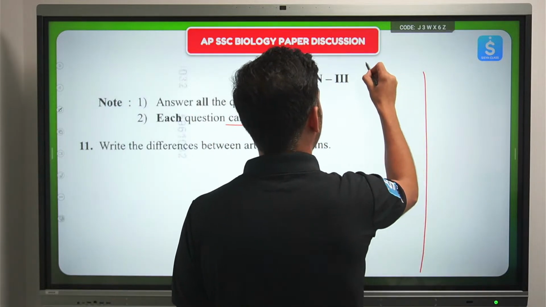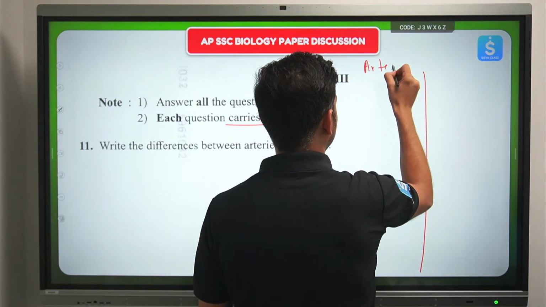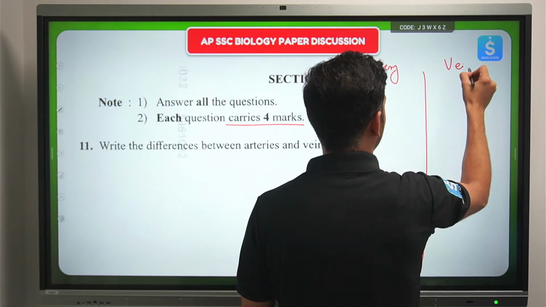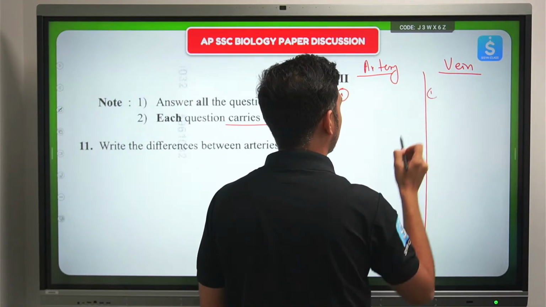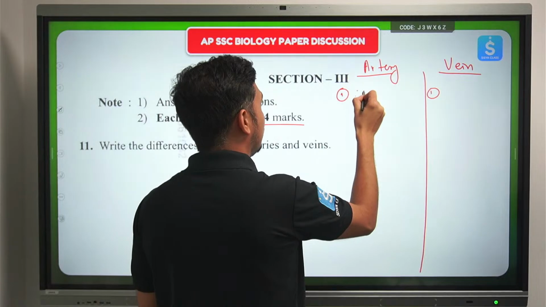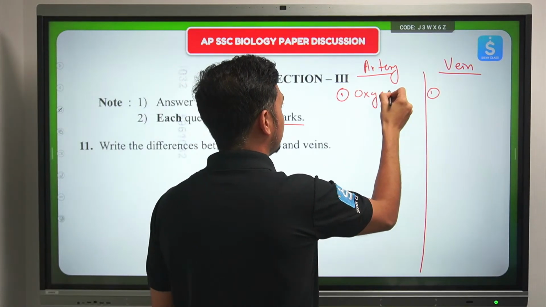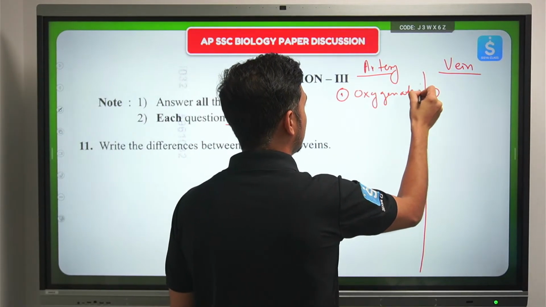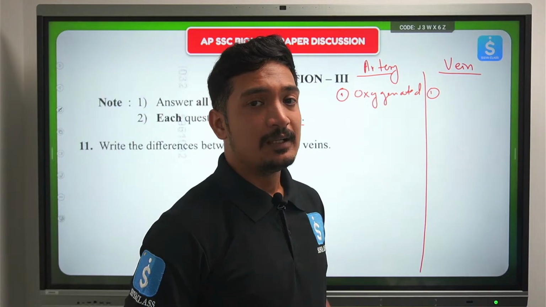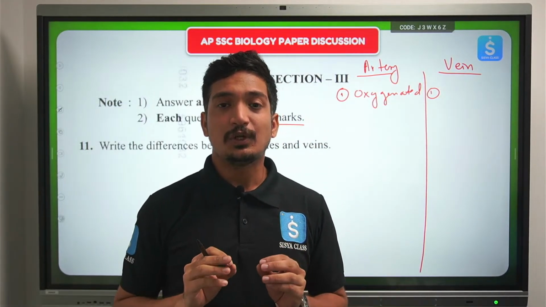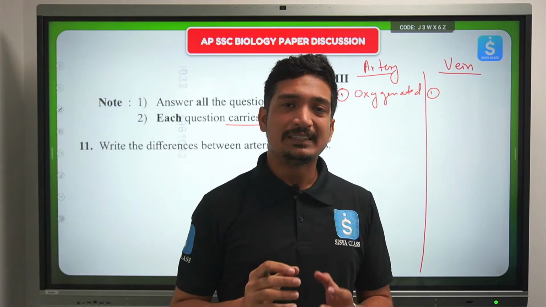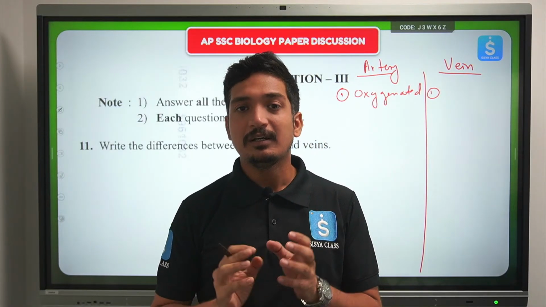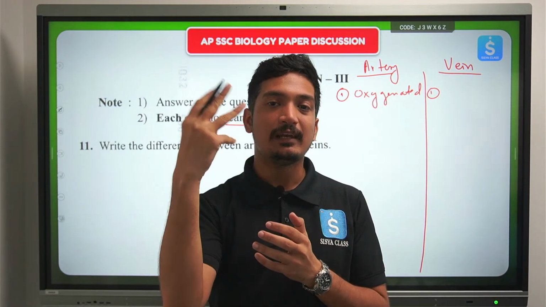So we have artery, and then we have veins. Point number 1 for both of them: artery will carry oxygenated blood. But there is one exception. The only artery which does not carry oxygenated blood is the pulmonary artery, which takes the deoxygenated blood from the heart to the lungs for oxygenation.